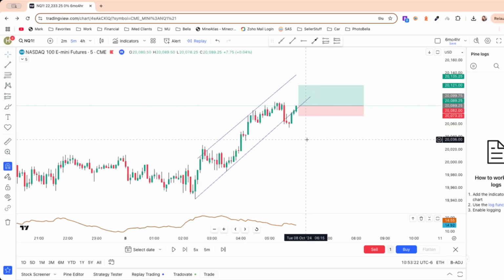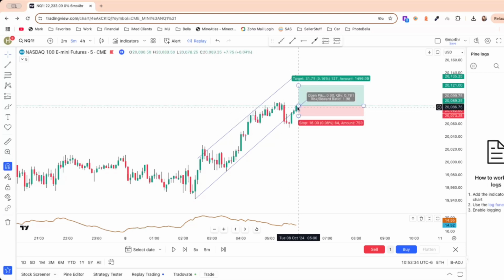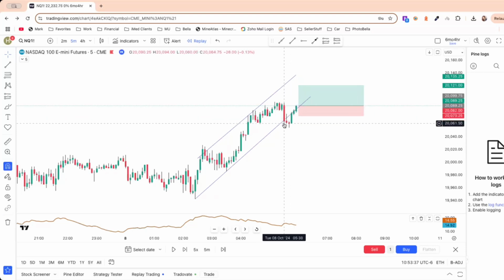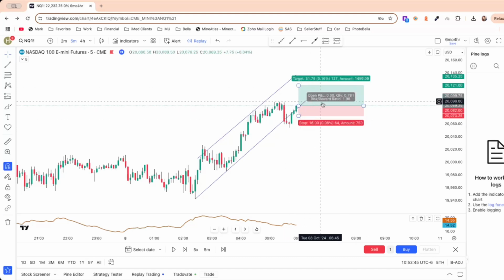So now, one thing I need to take into consideration is that if this is my correct trend line, then we did come below it, close below it, and then we're entering back up. So this could mean that my trend line is weakening and that we might see a failure of this trend.